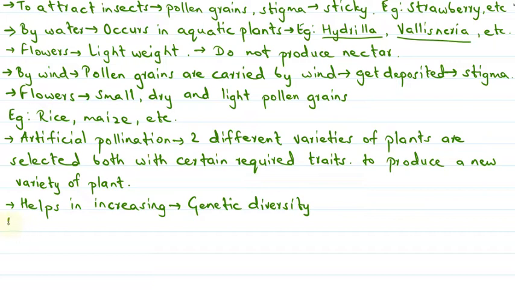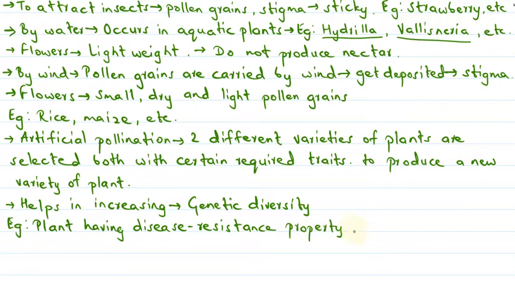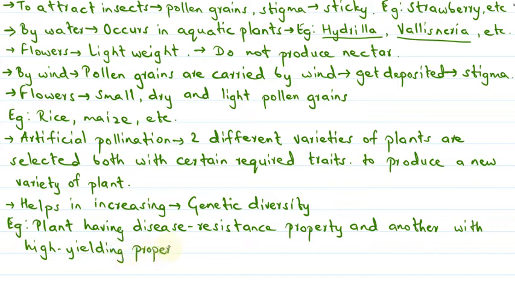Okay, so for example, how it occurs is, a plant with the property of disease resistance, and some other plant that has a high yielding property, they are selected.